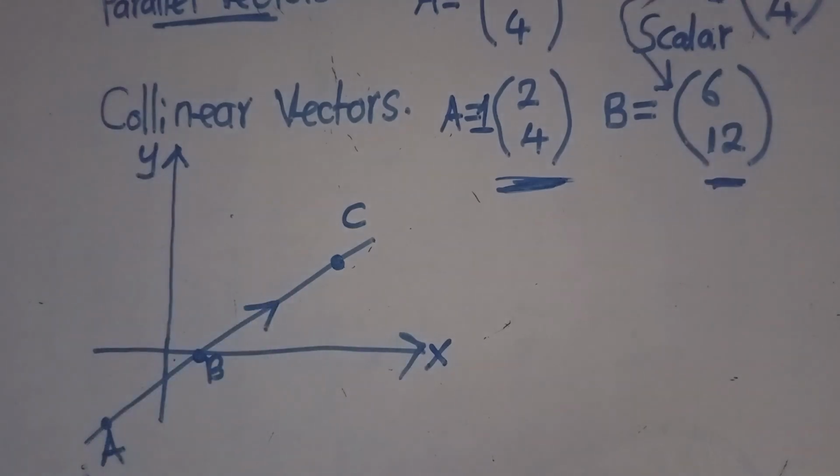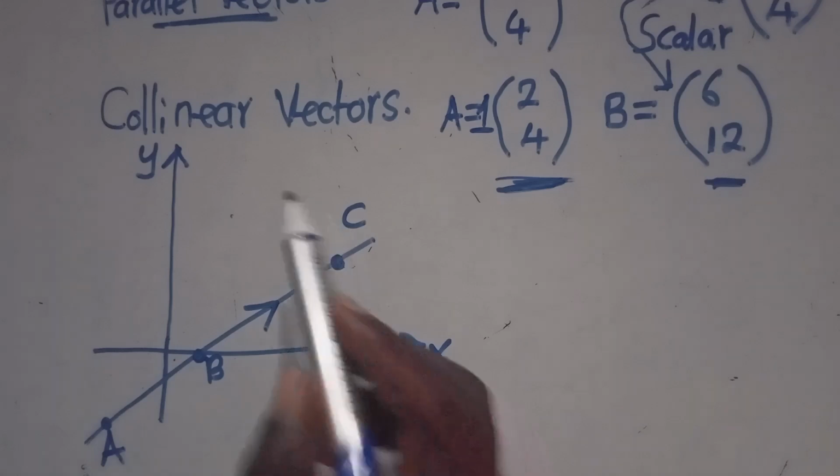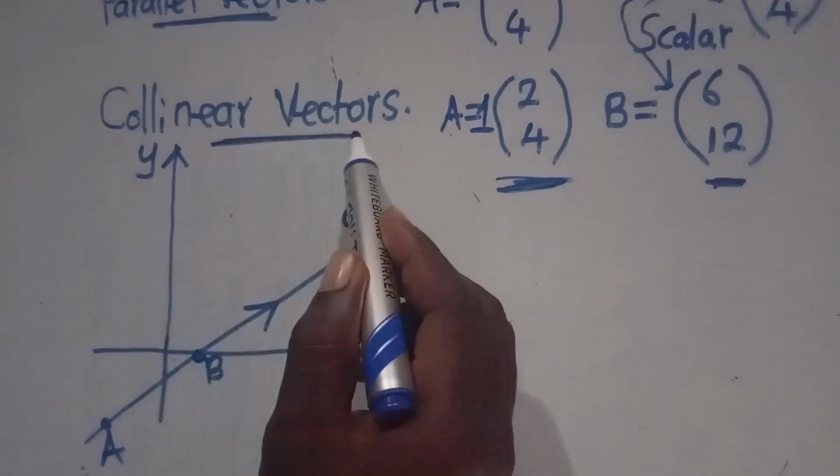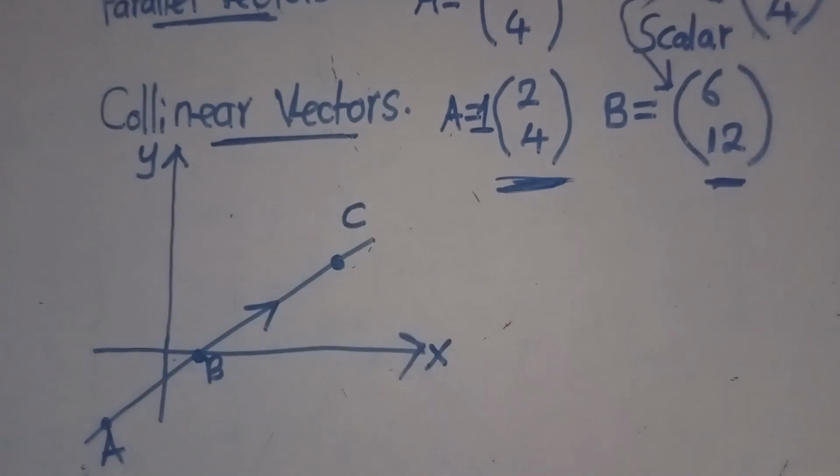These vectors are said to be collinear because they are lying on the same line. This is what you need to know and understand. When we say these vectors are collinear, it means that they lie on the same line.